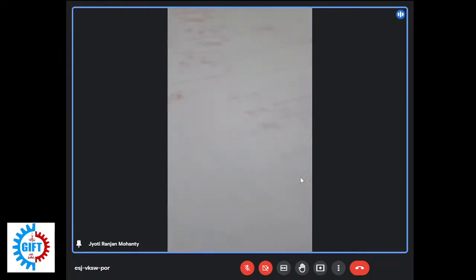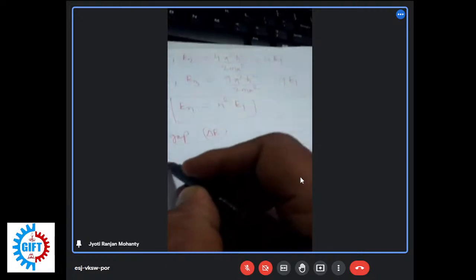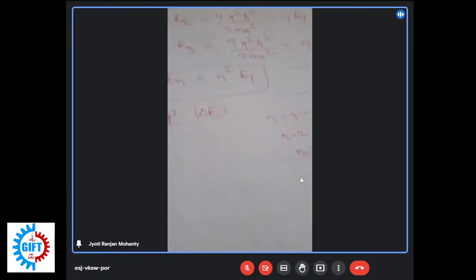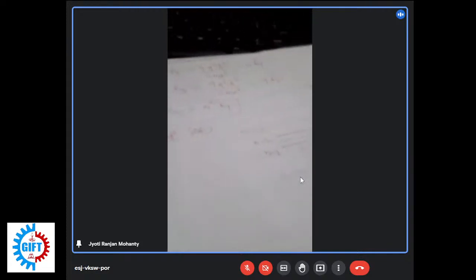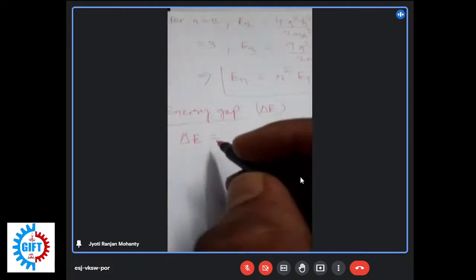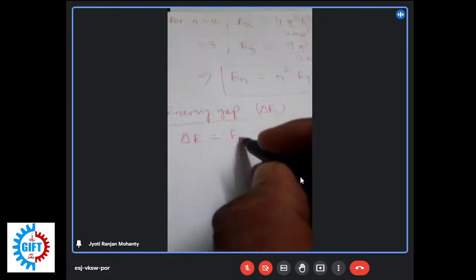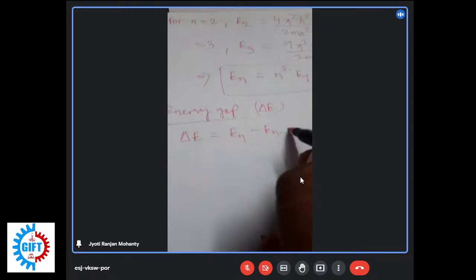So the energy gap delta E is E2 minus E1, E3 minus E2, E4 minus E3, like this. In general, it will be En minus En minus 1.